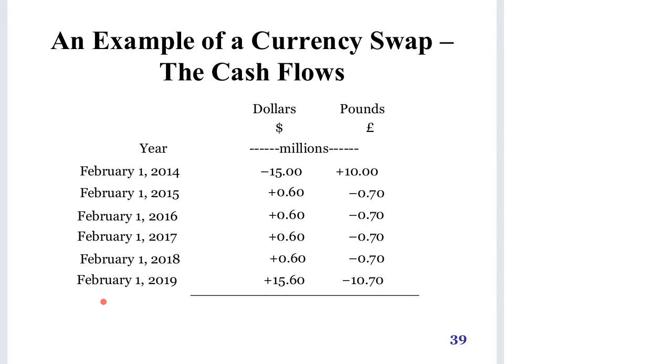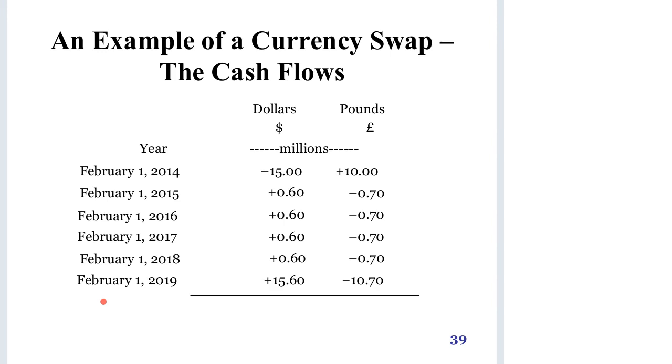So in the first period, these are the cash flows with respect to IBM. Please understand. IBM gives $15 million to BP and in turn gets 10 million pounds.